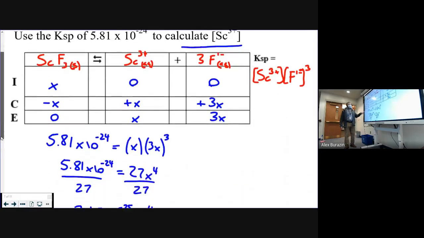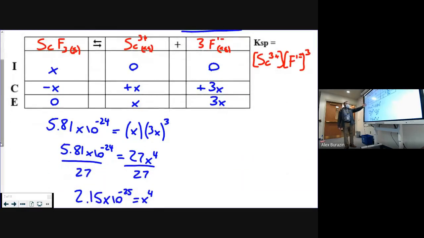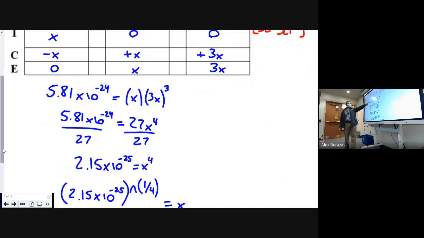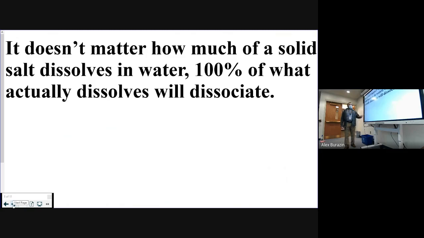I gave you Ksp, we set up an ICE table with nothing but x's, we set up the expression for Ksp, and solve for x. It got a little funky, we needed to throw in a fourth root, but certainly solvable, not too bad. That's still here. I'm assuming that's starting to sink in. I hope so.